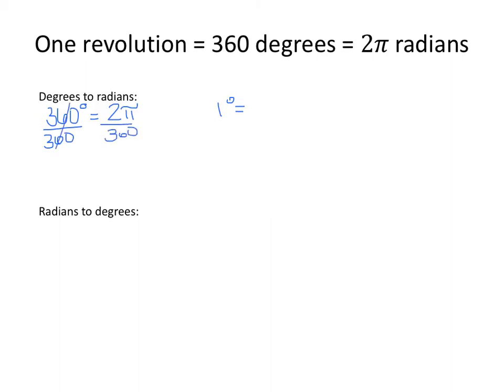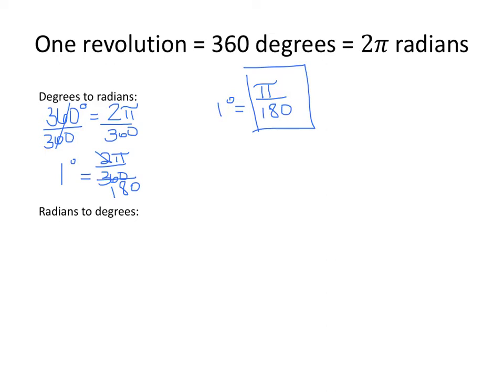When we do, we end up with 1 degree here, and we end up with 2 pi over 360 on the right-hand side. This can be simplified so that 1 degree is equal to pi over 180 radians. We use this ratio anytime we want to convert from degrees to radians.